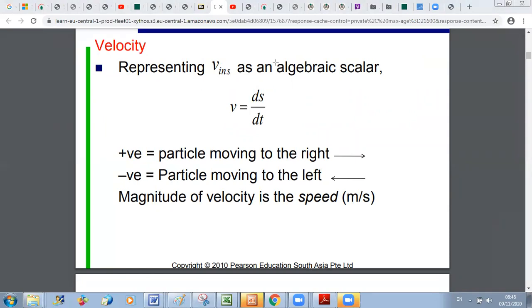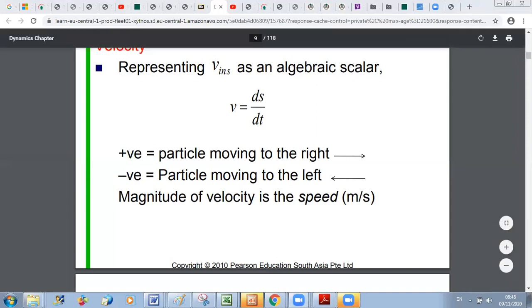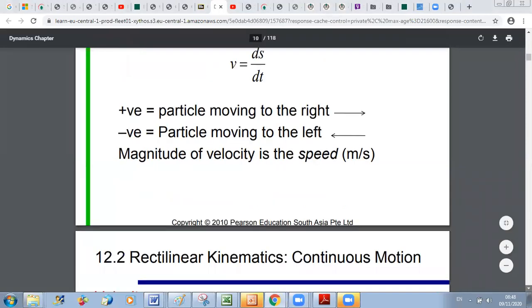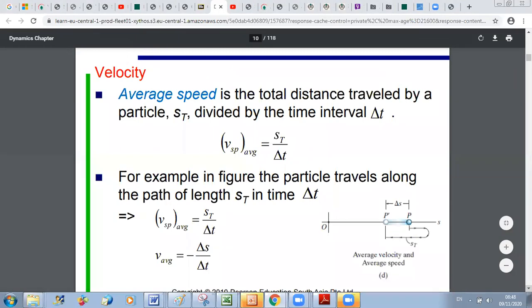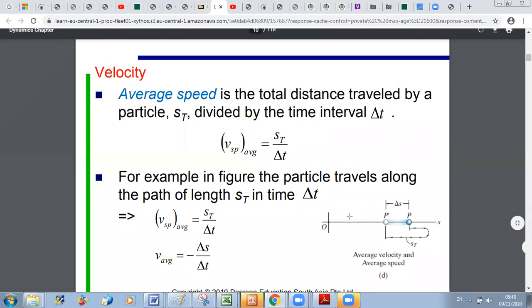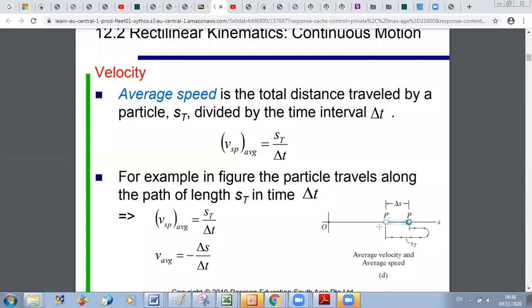We should also pay attention to a difference between what we call average speed and average velocity. What is the difference? In the last slides, we have seen that the definition of average velocity depends only on the initial and final position.